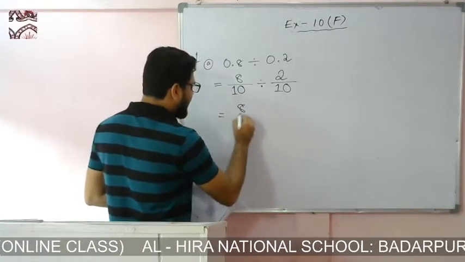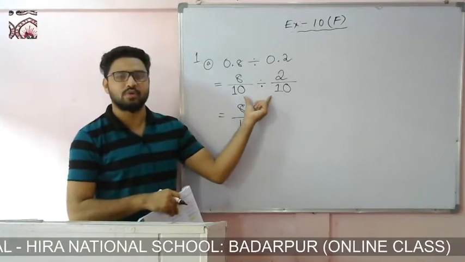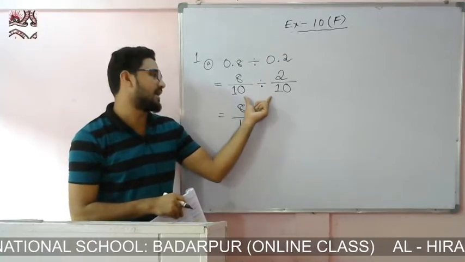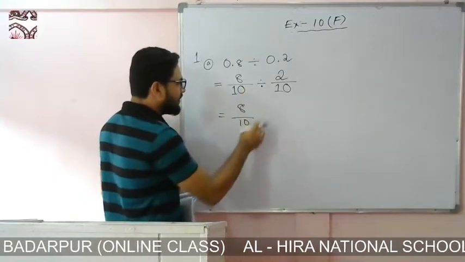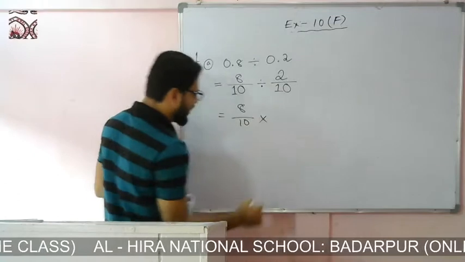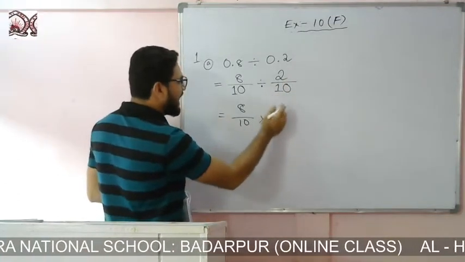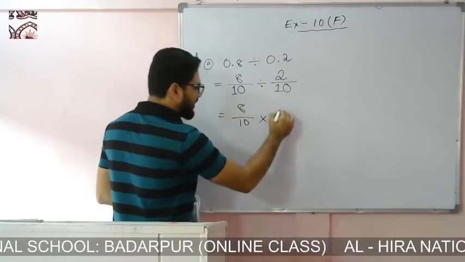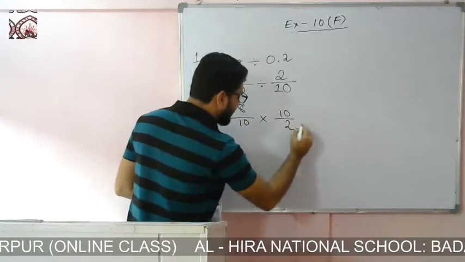Now you see 8 by 10 divided by 2 by 10. This type of division we have done already in the earlier classes in the fraction chapter. So in place of division you just replace it with multiplication, and interchange the fraction, that means you make the denominator the numerator and the numerator the denominator.